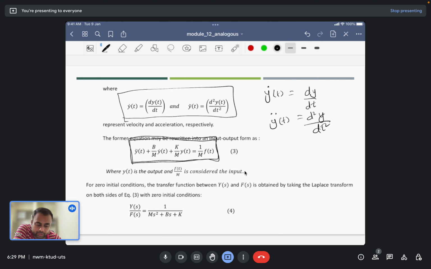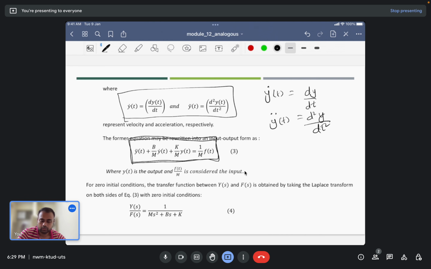Now to solve this differential equation, we need some boundary conditions and some initial conditions. So let us take the Laplace transform for the system. In case of a double differential, we will have s square, and in case of a single differential, we will have s.